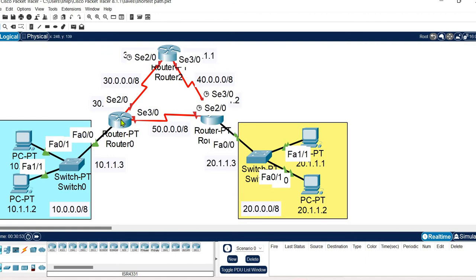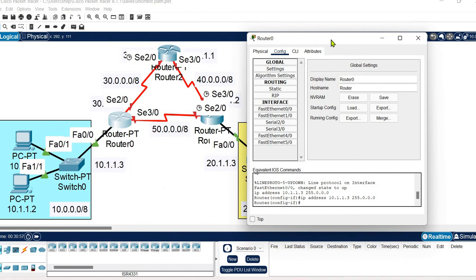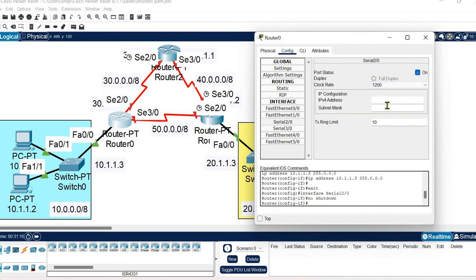For this, open router 0. We will be performing the configuration for the neighboring routers one by one. Router 0 is directly connected, and it is configured for this connection. Now it is connected to two more networks, network 30 and network 50. For network 30 it is connected to serial port 2/0, so go to serial 2/0 and turn it on.